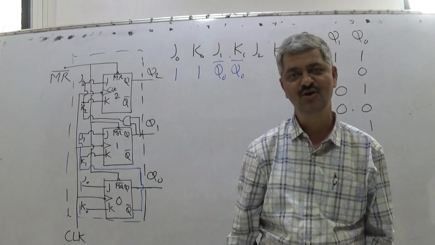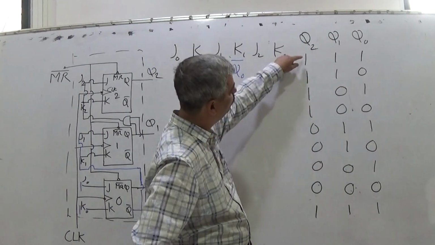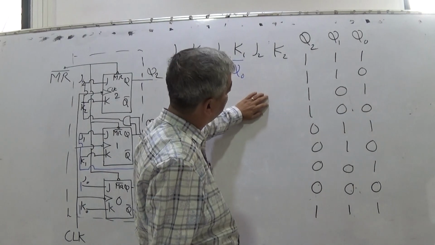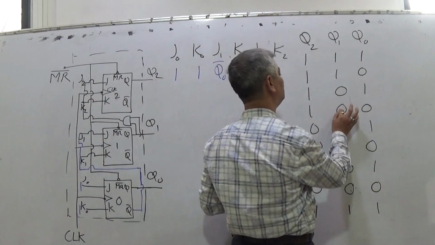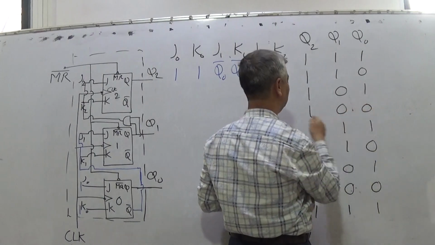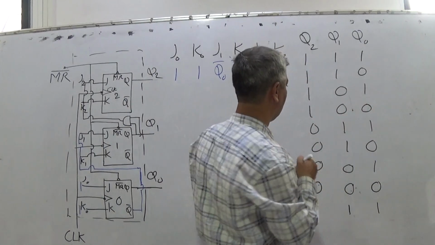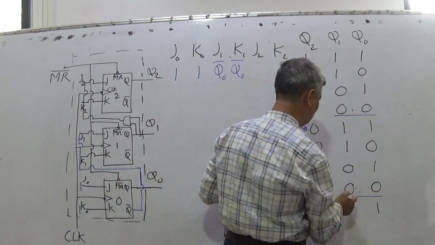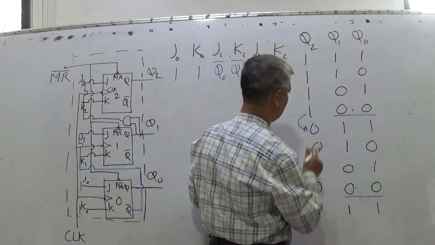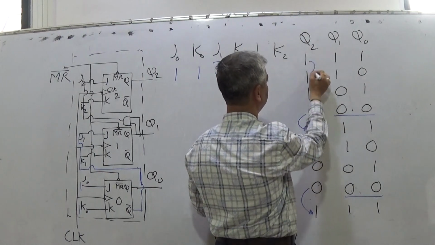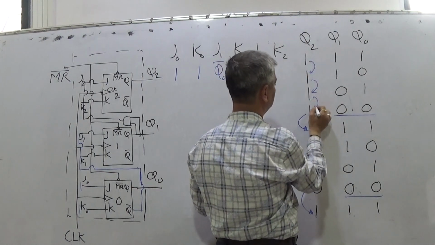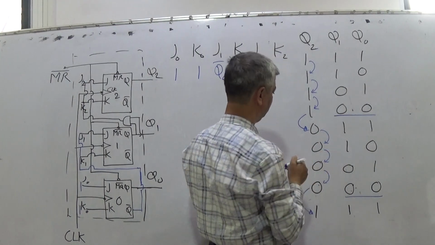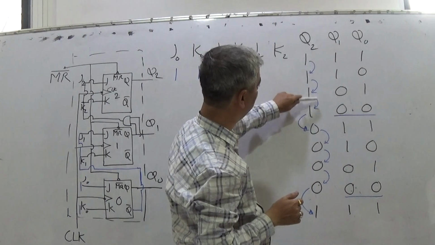Now next, what about Q2? Q2 toggles when Q1 and Q0 are 0, 0. And in all other cases, it continues.